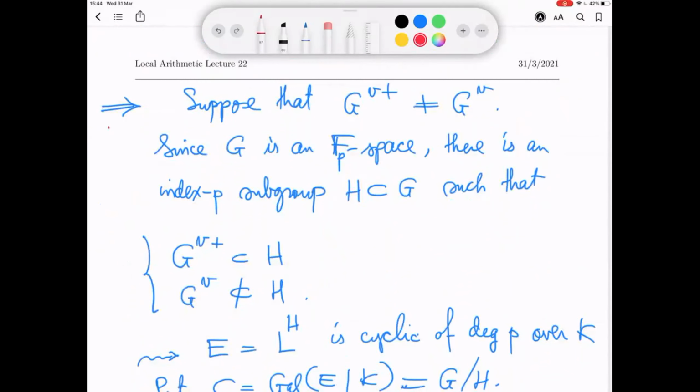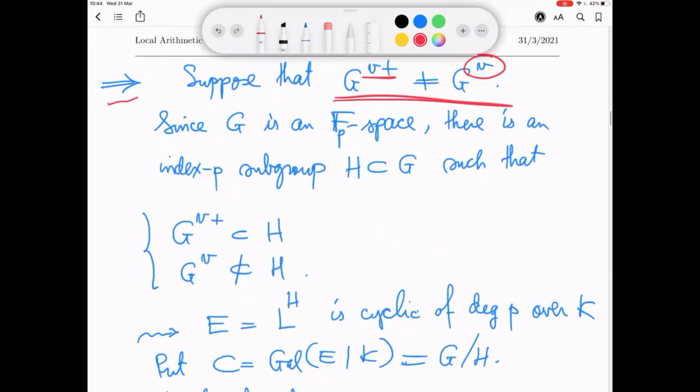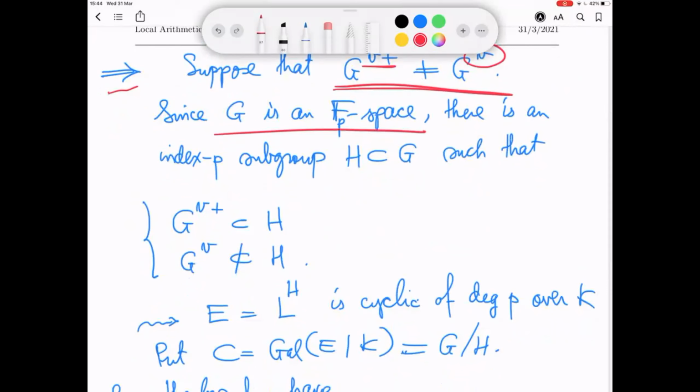And here is the slightly more difficult direction, but it's not all that difficult, as you will see. So suppose that a ramification break occurs at V, which means that G upper V plus is a proper subgroup of G upper V. Now G is an F_p space. G is isomorphic to (Z/pZ)^n.